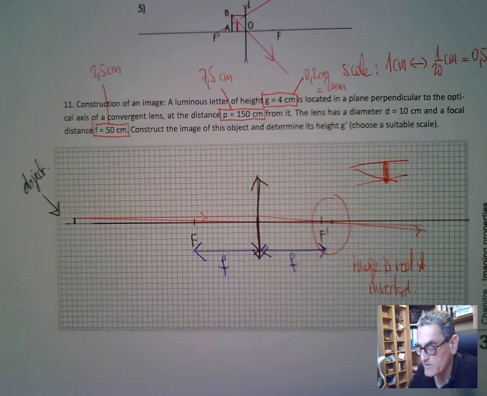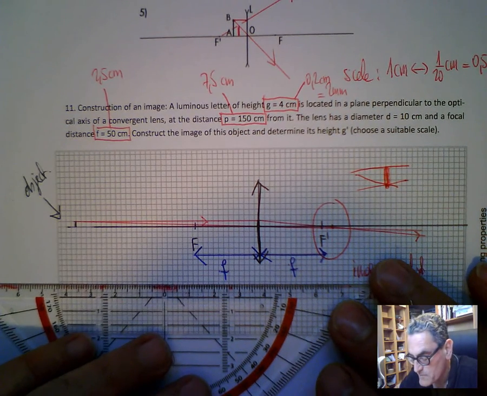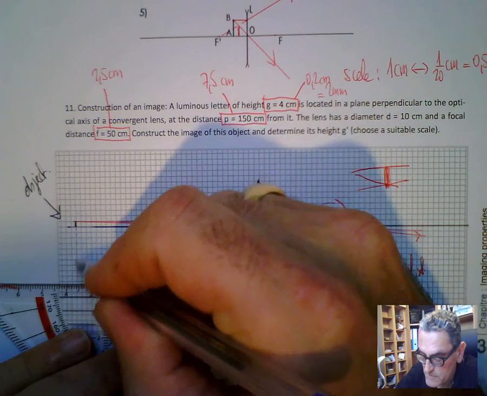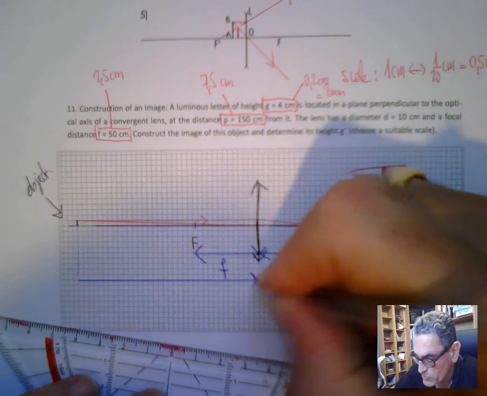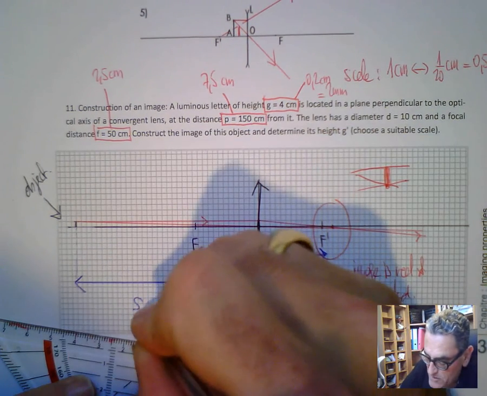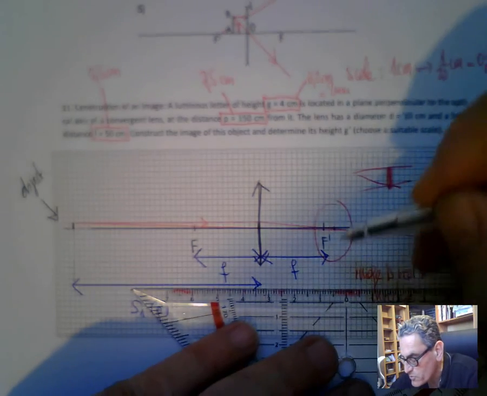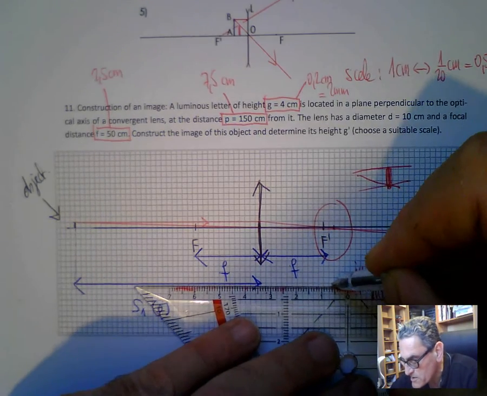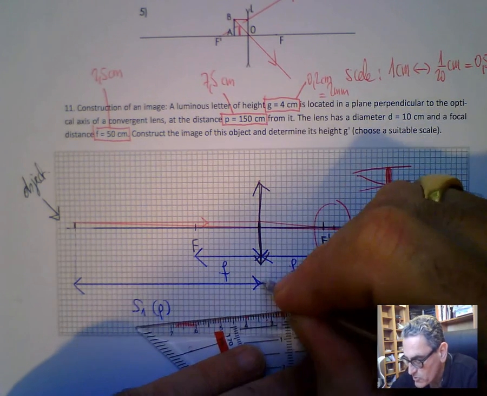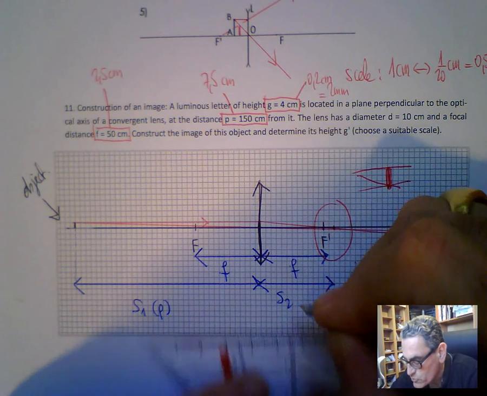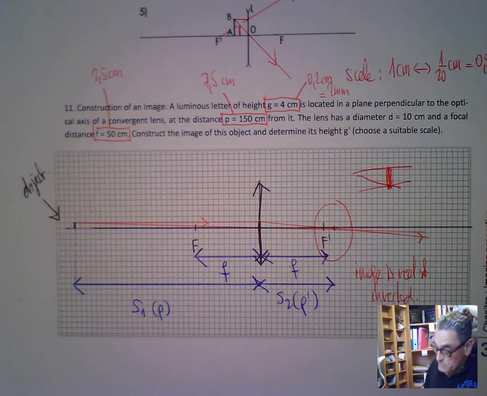Then the distance between the object and the lens, this distance here, is known as S1 in your course, or P, and the distance between the lens and the image, which is somewhere here, this distance is called S2 or P prime, depending on which notation you use.